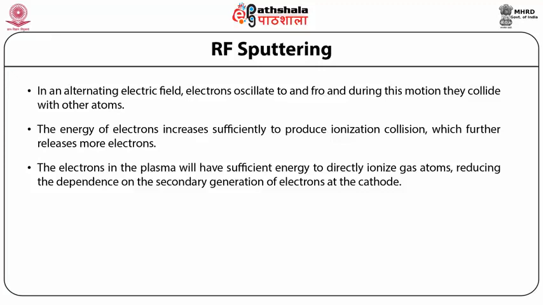At an operating frequency of 13.56 MHz, the ions in the plasma can no longer move quickly enough to offset the changing field, due to which only a little accumulation of positive ions occurs during the portion of the cycle in which the target electrode is acting as the cathode.